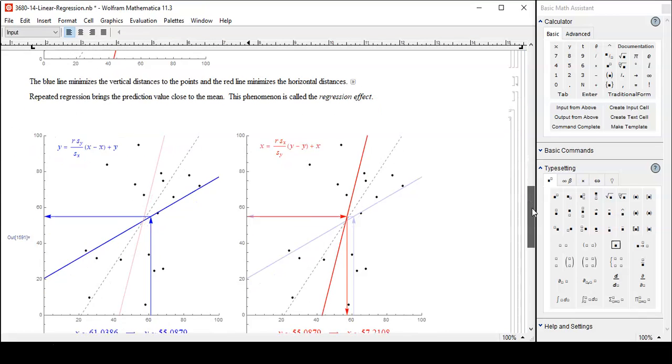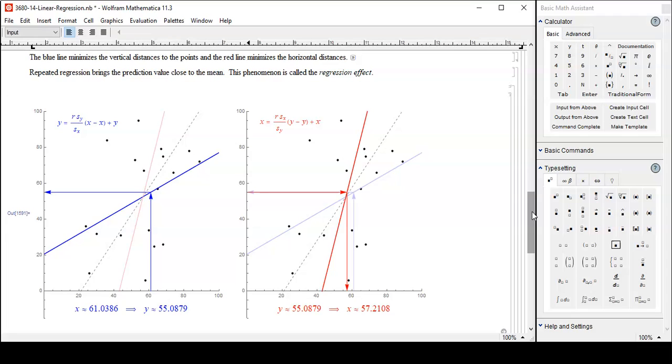But one advantage of this viewpoint is that you get the regression effect. Start from here, get the regression prediction, get there. Then from the same point's y coordinate, use the red regression line to get back.